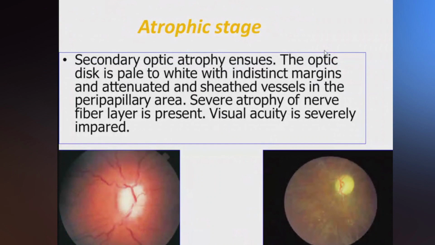Atrophic stage. In this stage, the patient usually complains of bad visual function. Visual acuity is decreased.